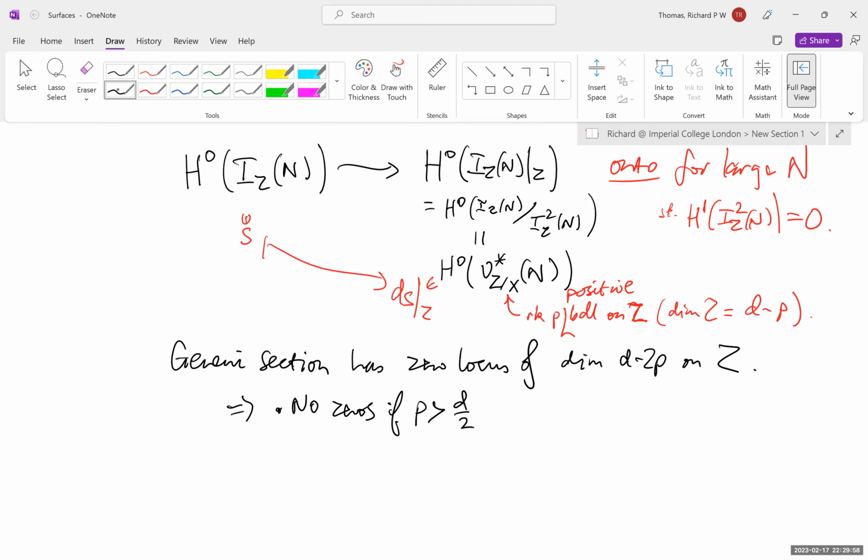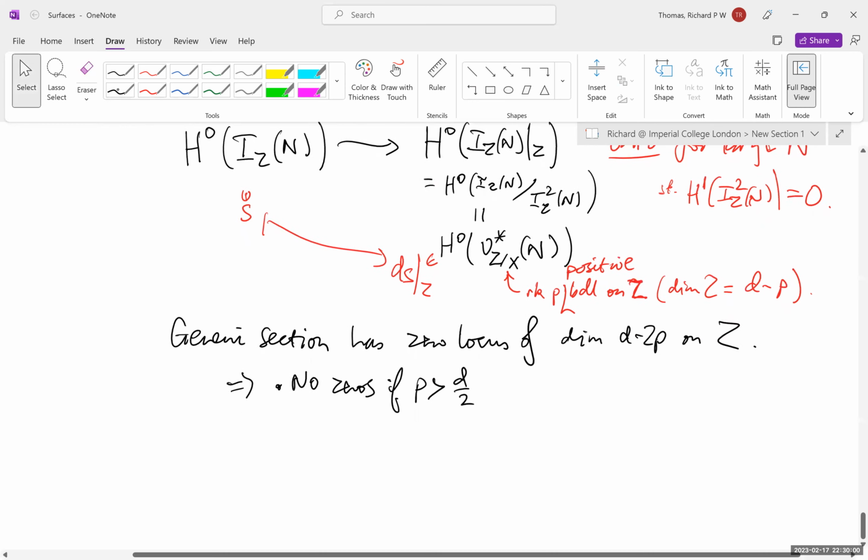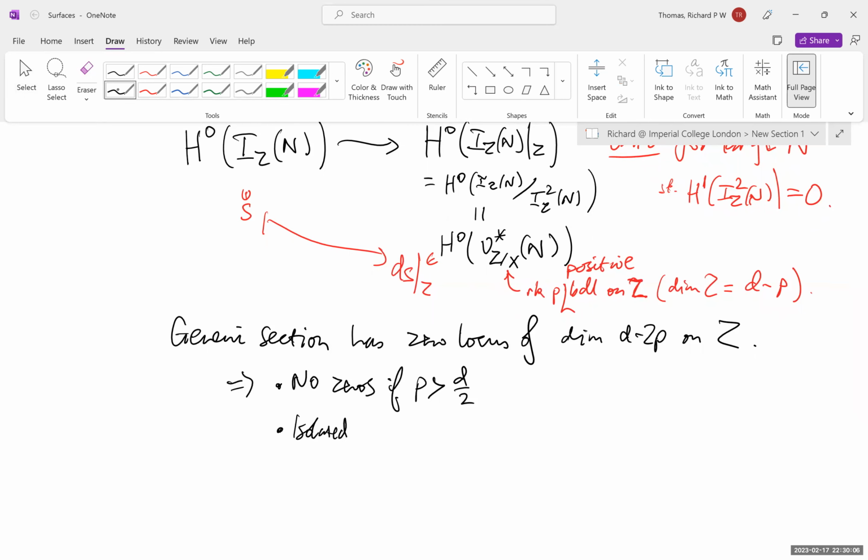So when your codimension is large and your variety Z is very small, then it has no zeros, and it has isolated reduced single point zeros in the half-dimensional case that I'm interested in.